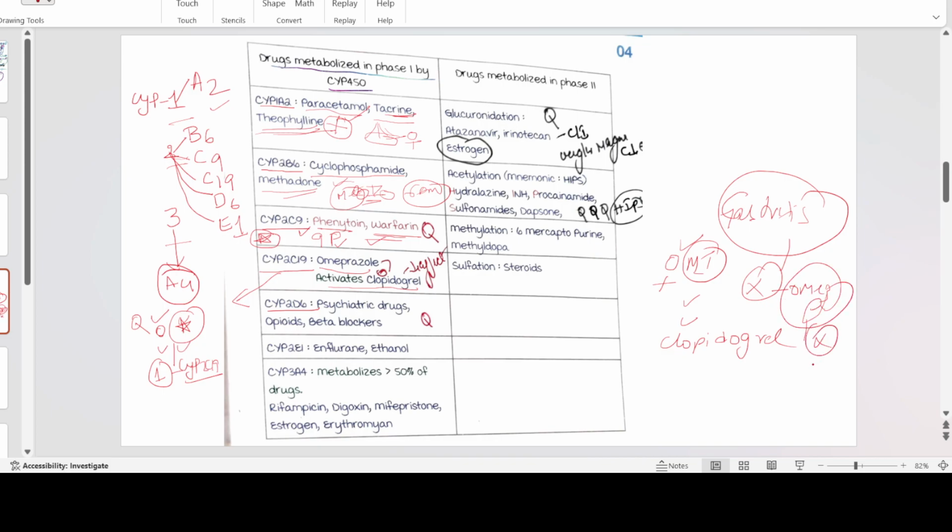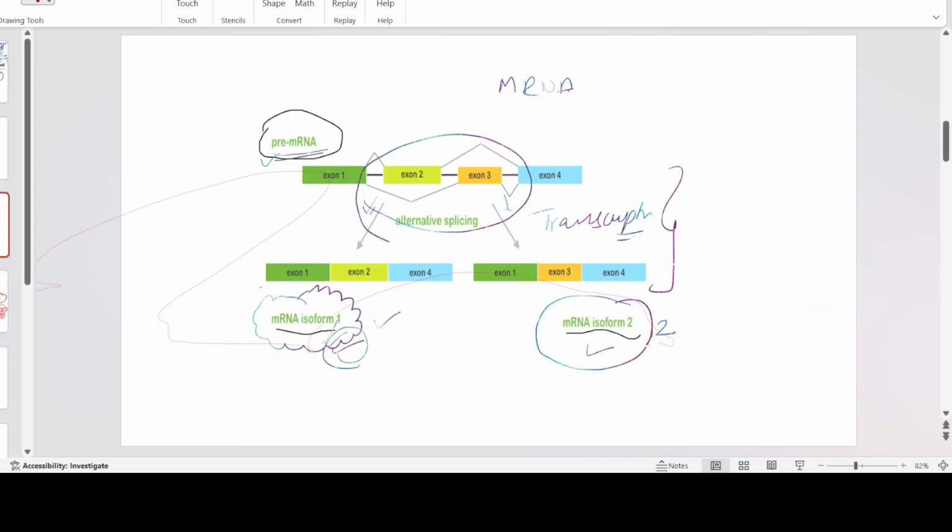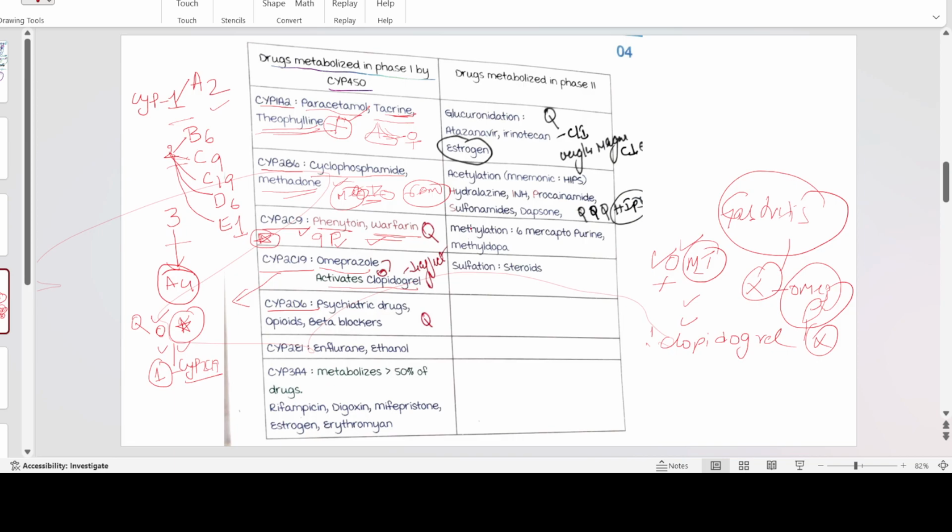Because these two drugs inhibit competitively, and omeprazole decreases the activity of clopidogrel. If you start giving omeprazole to such patients, he can have a second attack. So you need to be careful.